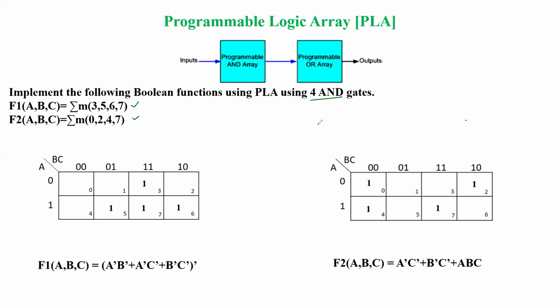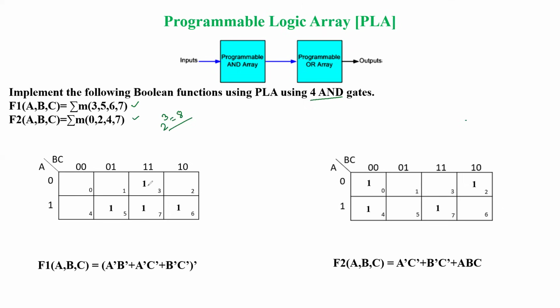First of all, we are going to represent the given min terms in the K-map. Here we have three variables, so we have 8 boxes in the K-map. We have already arranged the boxes and the corresponding min terms are located here.